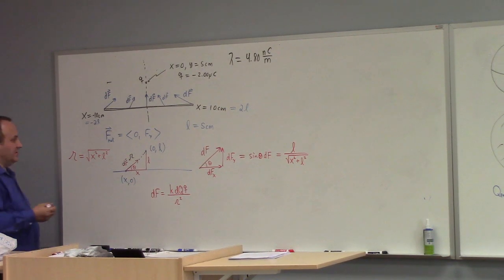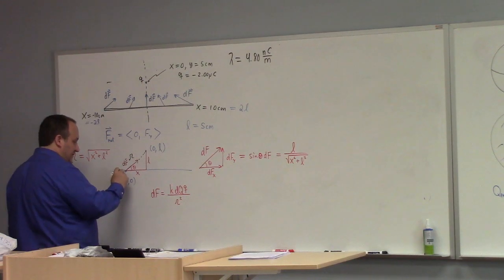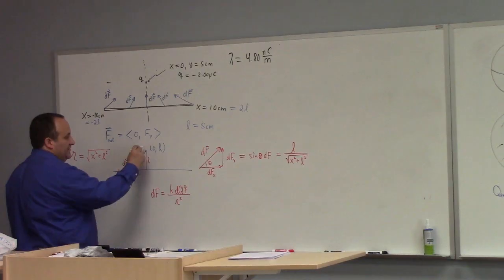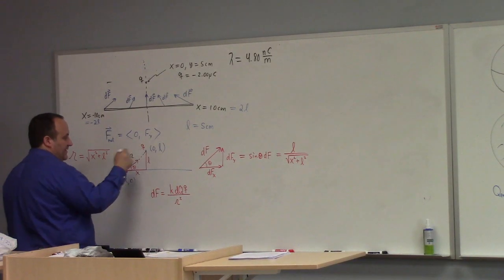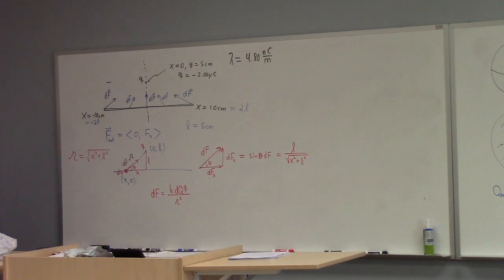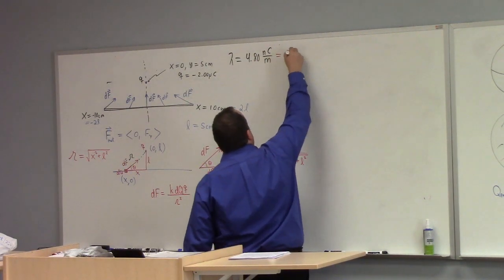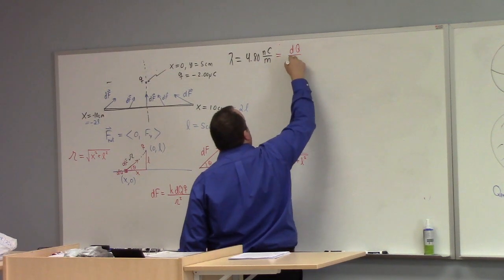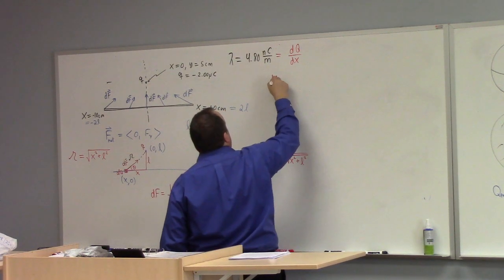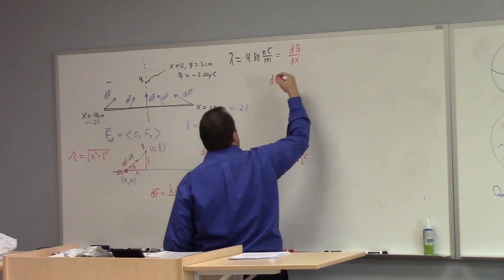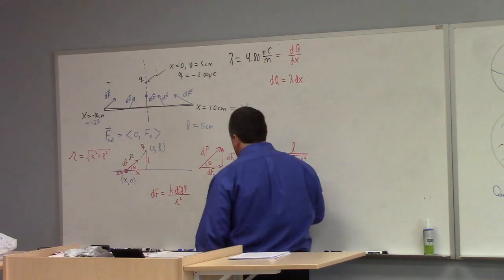Now dq is what I have in mind as the little itty bitty charge right here, whereas I've got lowercase q up there. But dq is also found up here. See, this is dq dx, yeah? So that tells me that my dq is actually lambda dx, where lambda is that particular constant.